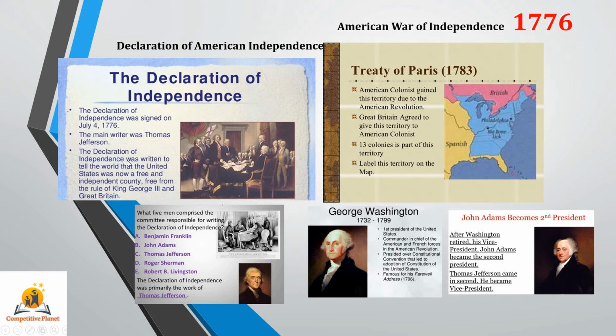The Declaration of Independence was written to tell the world that the United States was now a free independent country, free from the rule of King George III, the ruler of Britain.